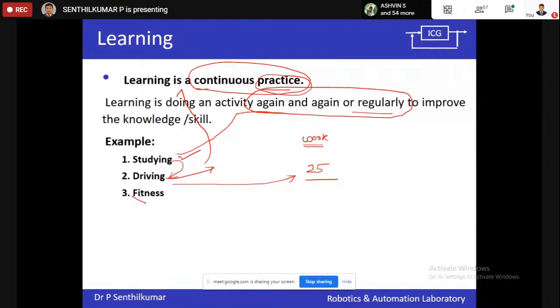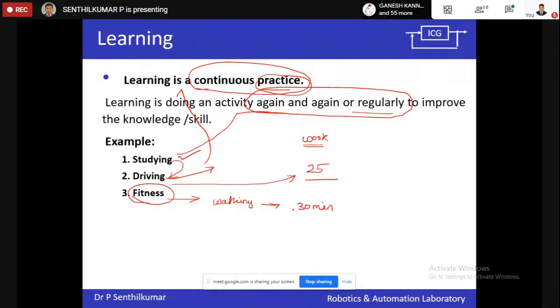Take another example, fitness. Why do you want to maintain your fitness? Because you want to lose weight. How do you lose weight? You have to practice minimum 30 minutes per day, doing some exercise like walking. If you spend 1 month on walking, you may lose 5 to 10 kgs.